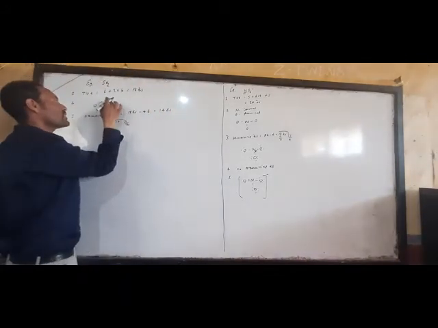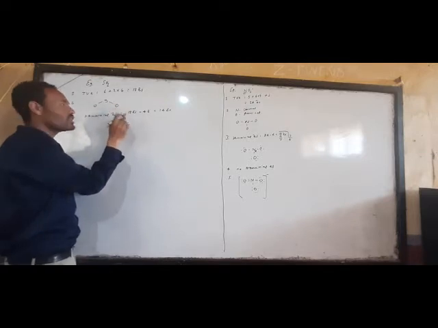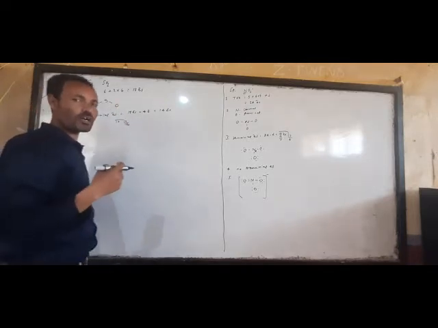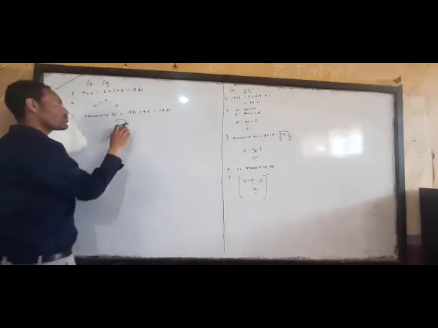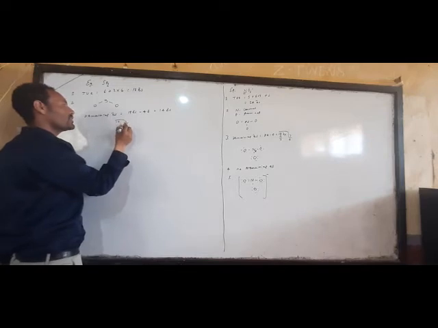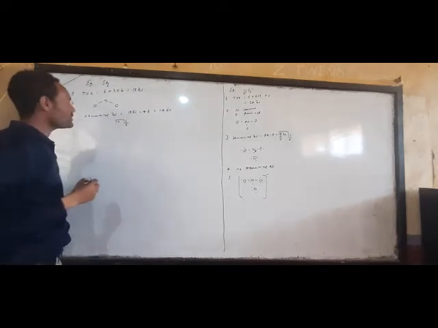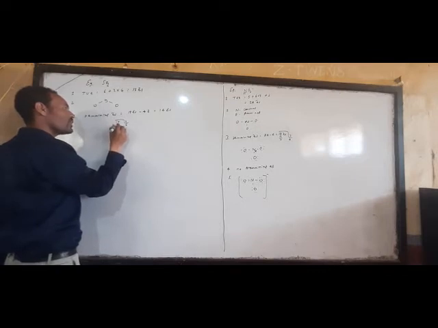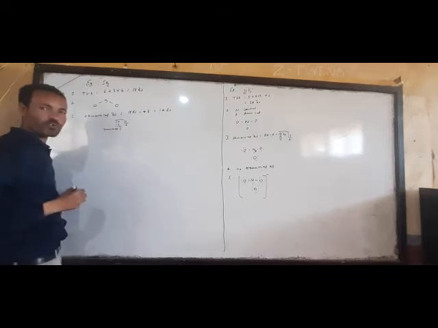Already each of the oxygen atoms has 2 electrons, so oxygen requires 6 more electrons. So we should not give 7 electrons to each. We should first give 6 electrons to each. So 6 times 2 is 12, and there are 2 electrons remaining from this.